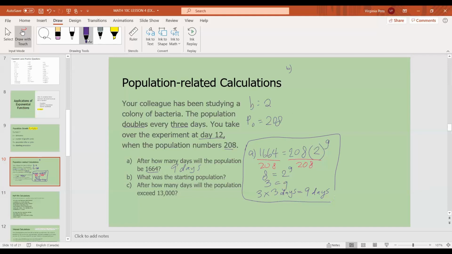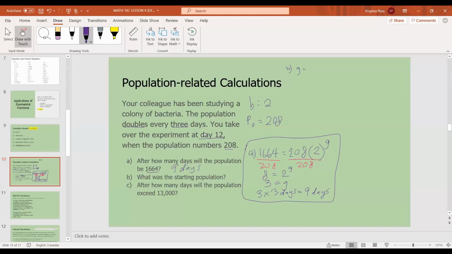Remember, you're given a bit of information already. So you take over the experiment at day 12, which means that it's been how many growth cycles? Well, since the population doubles every 3 days, let's figure out G first.